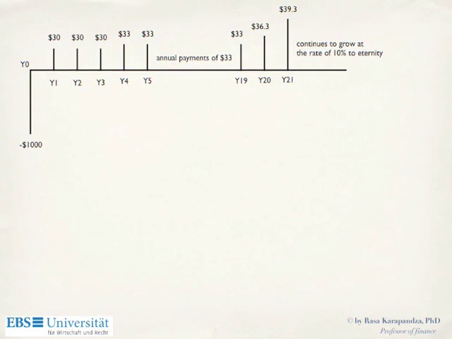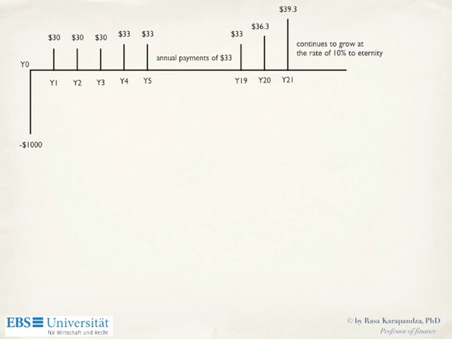I ask you first, could you please tell me what is the present value of the first 3 cash flows? The cash flow in year 1, cash flow in year 2, and cash flow in year 3. So you say, okay, this is like a little annuity. This is 30, 30, 30. And I can calculate it in 2 ways.